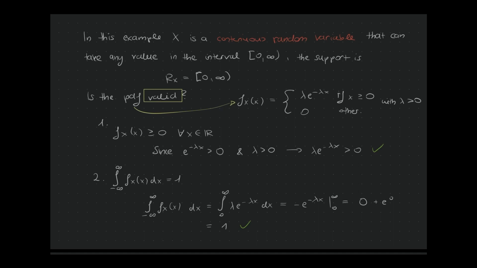So the expression evaluated at infinity gives us 0, and the expression evaluated at 0 gives us 1. So in total we get a 1. So the second property is indeed fulfilled. So these both properties are fulfilled, so we are really dealing with a PDF.